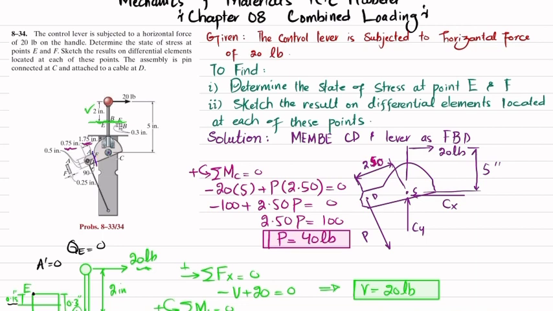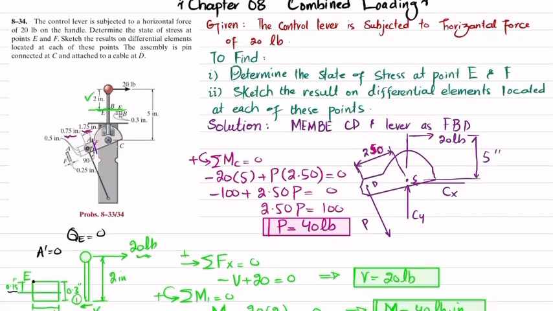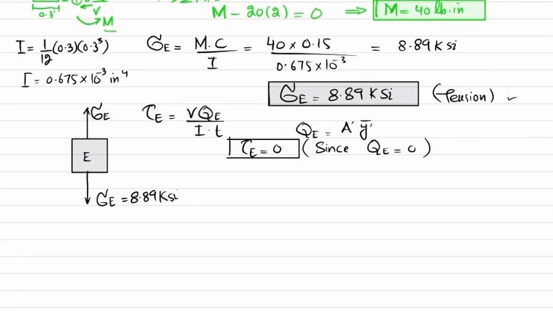So if we cut it over here and draw the free body diagram, it will be like this. So this is point D, where you have a force of 40 pound that is acting downward. Clear? So when you cut it, you will have a shear force V in upward direction, and you will have a moment like this.